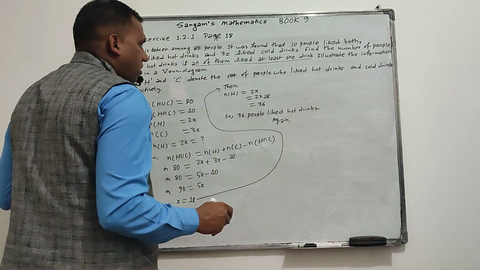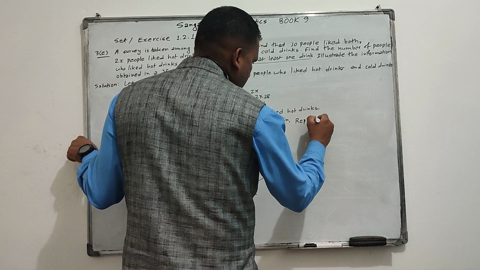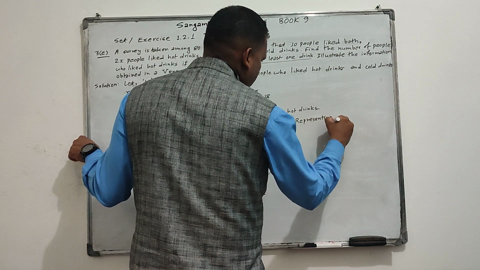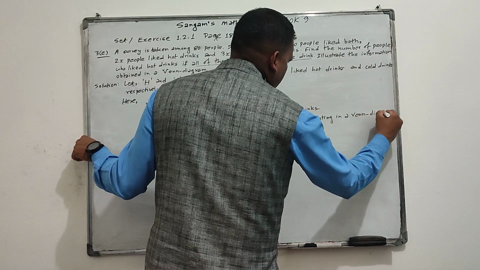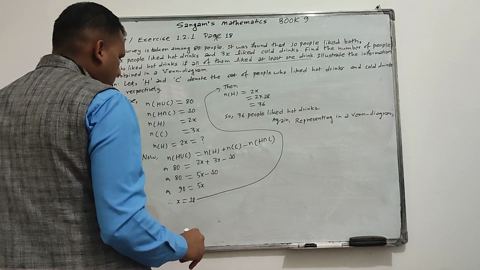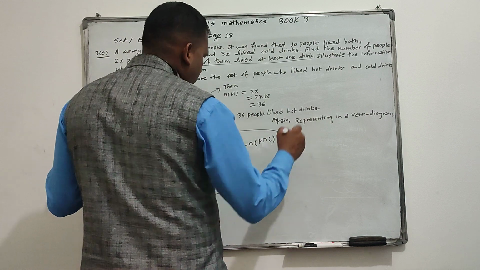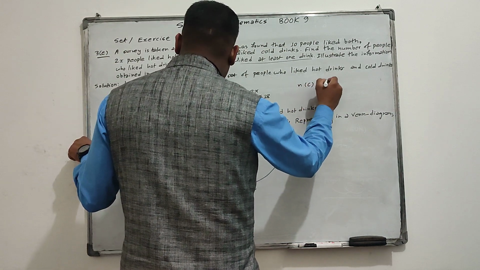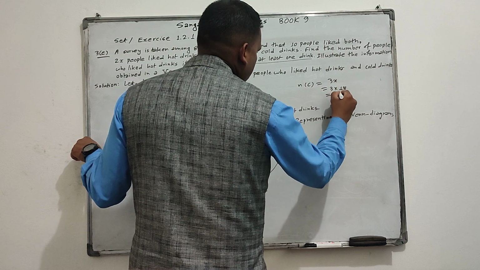Again, representing in a Venn diagram. We need number of C also to represent in the Venn diagram. Number of C equal to 3x equal to 3 times 18, that is 54.